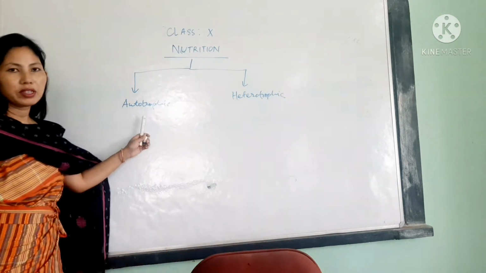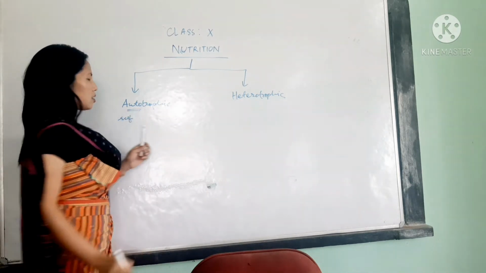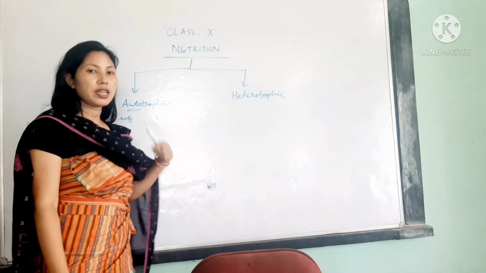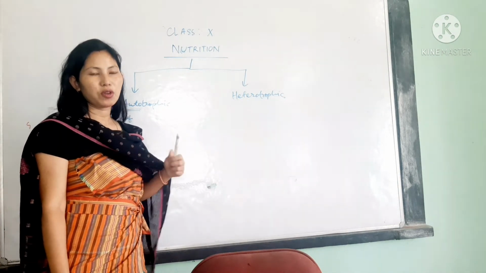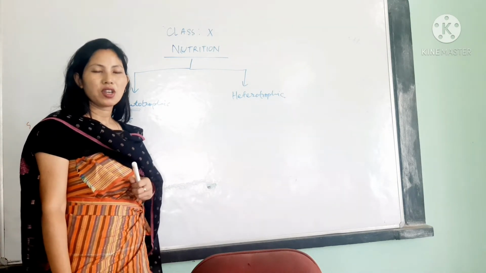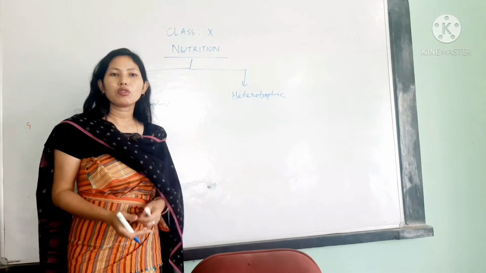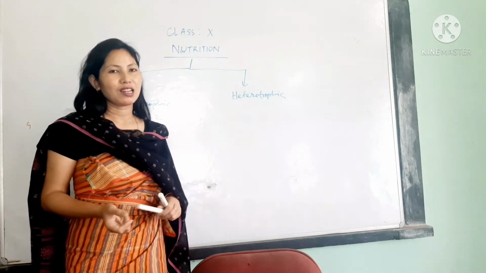In autotrophic nutrition, auto means self, meaning the organisms that can synthesize their own food are known as autotrophs. All the green plants that can photosynthesize are autotrophs. The synthesis of food here does not mean food like roti, chapati, dal, pizza, burger.